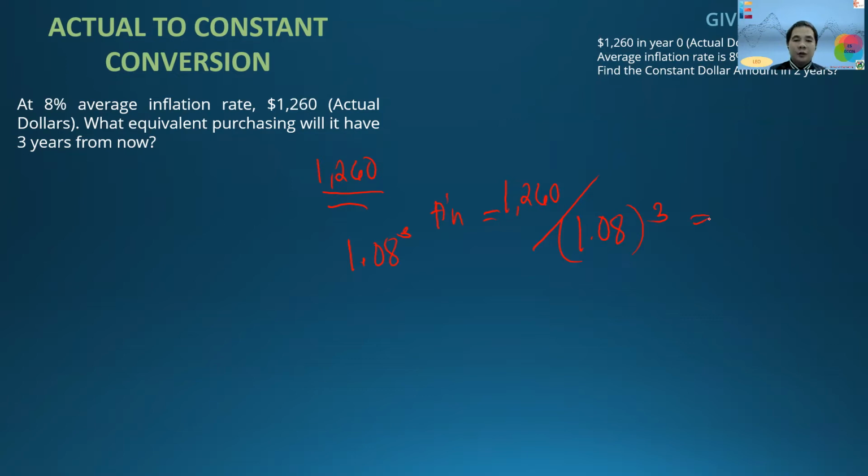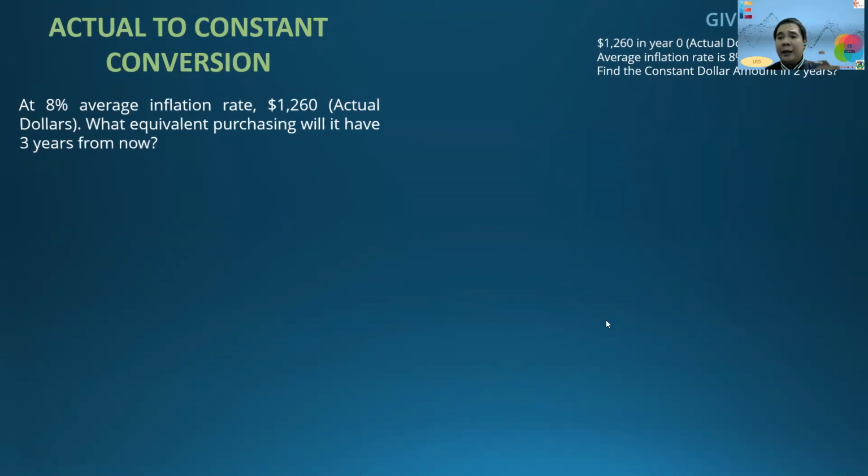So therefore your A hat N is 1,260 divided by 1.08 cubed, which is 1,000.23. So what does this mean? Its equivalent purchasing power will be smaller in the next 3 years because of inflation. Therefore, your 1,260 is equivalent to 1,000.23.